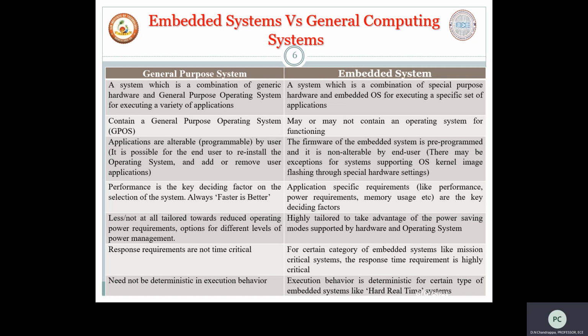Hard real-time systems also belong to embedded systems. Without an embedded system you can't achieve any real-time system, like flight management systems and satellite communications. Nowadays they are real-time systems. This is why the embedded system is better than a general computing system. That is what I conclude from this slide.